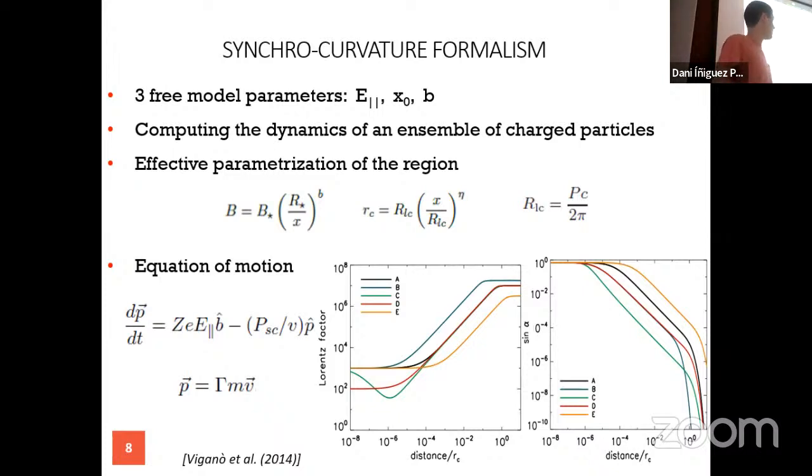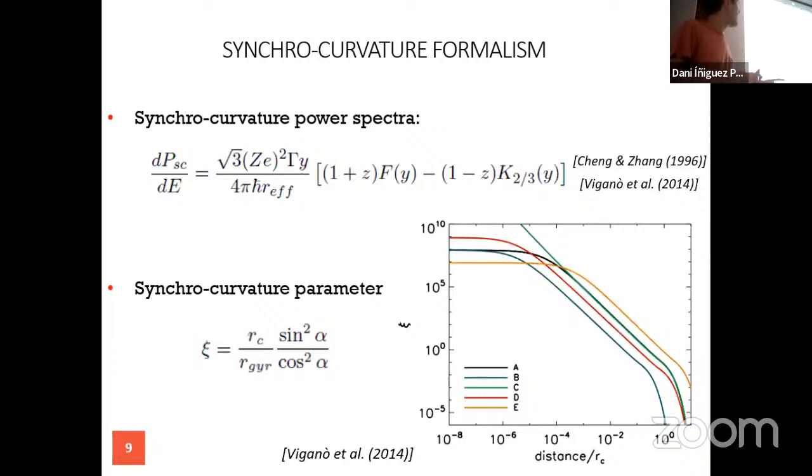Also the pitch angle decreases with distance, meaning that the perpendicular momentum of the particles has been lost, due to synchrotron losses.